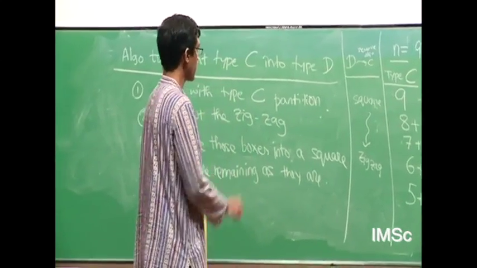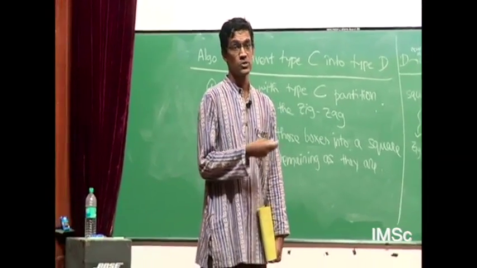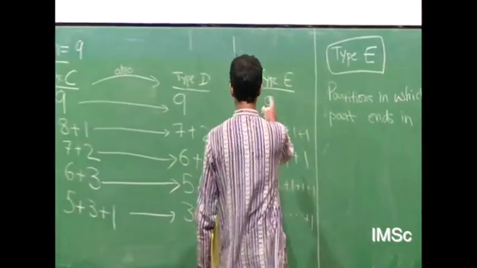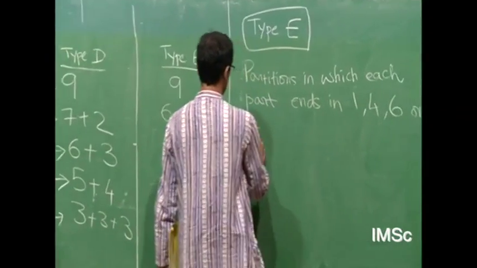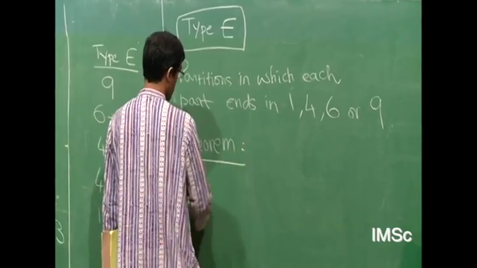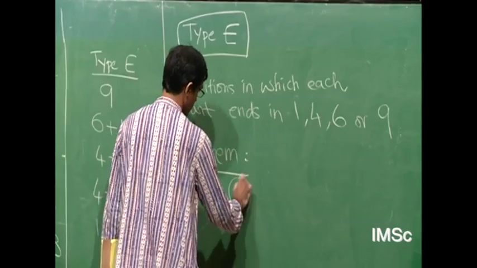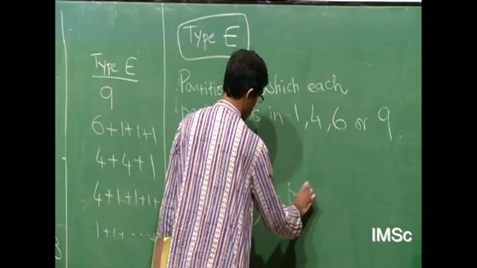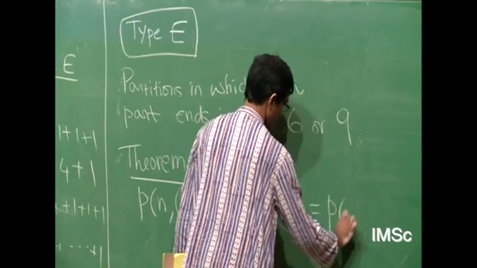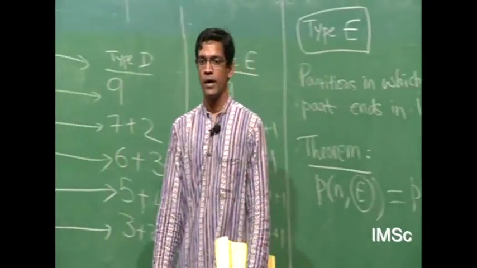And this is a very different ball game. It's actually true. Here's the theorem that in fact those of type E are also equal to those of type C and D. So this is a theorem. It says for every n, partitions of n into type E is also the same as partitions of n into type C or type D. Okay, all of these are the same.